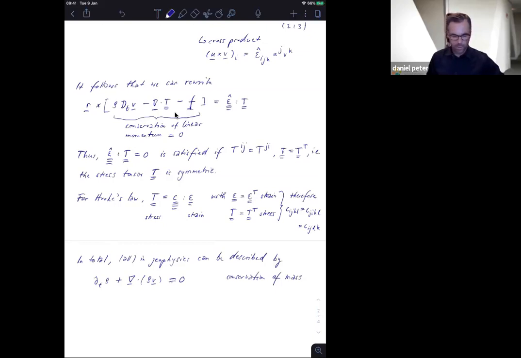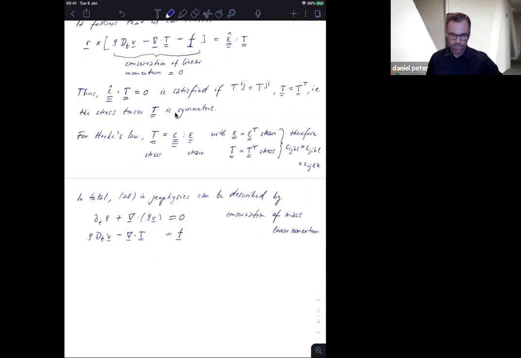Then we had linear momentum. So let's use the material derivative expression. It's minus the divergence of the stress equal to the body force. That was linear momentum. Then if we look at angular momentum, it's just that the stress tensor is symmetric.